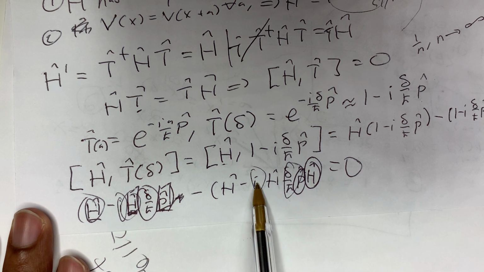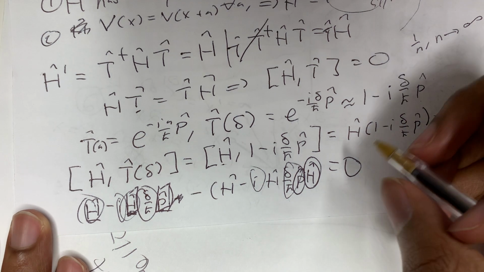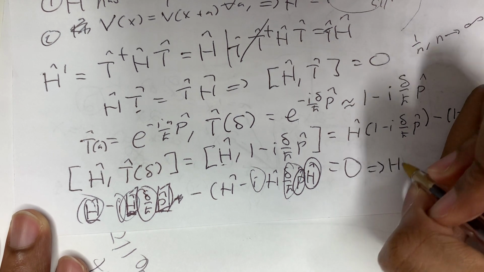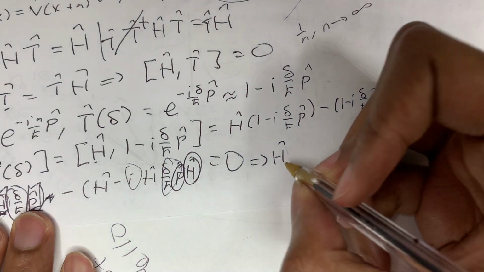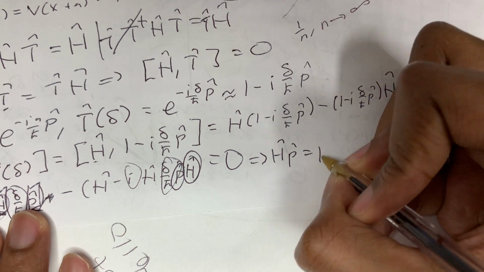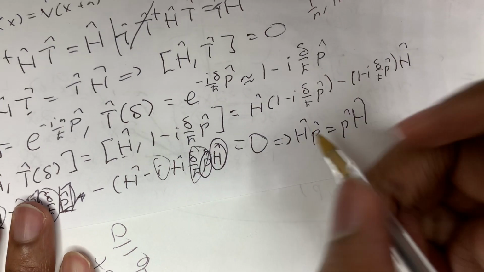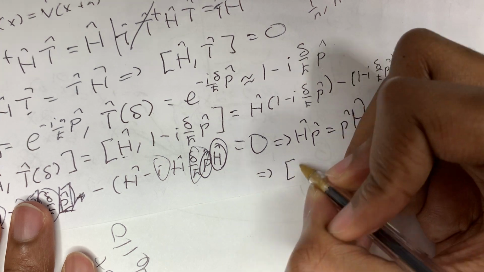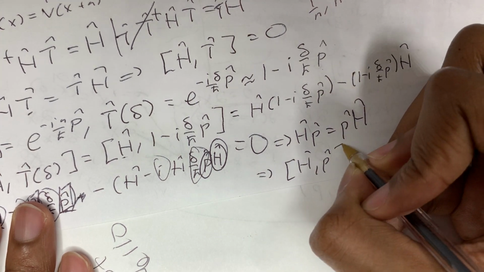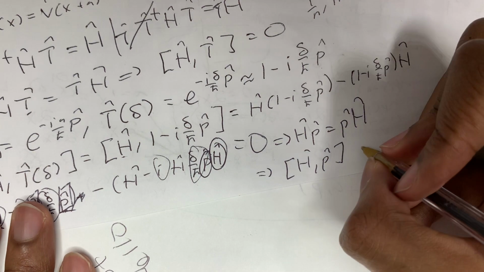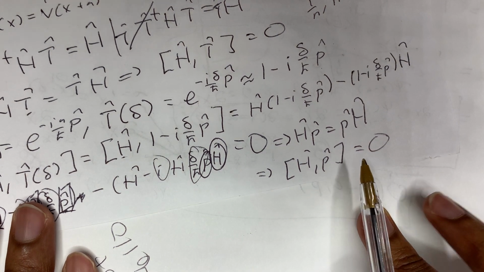Everything else is the same, and that's 0. That implies that h bar p hat equals p hat h bar, which implies that the Hamiltonian and the momentum operator commute.